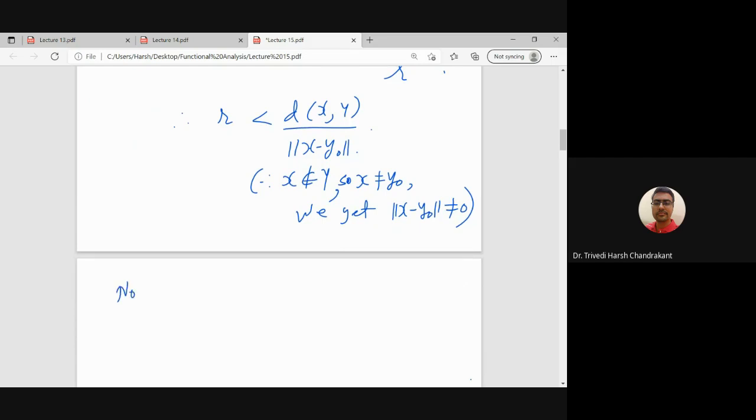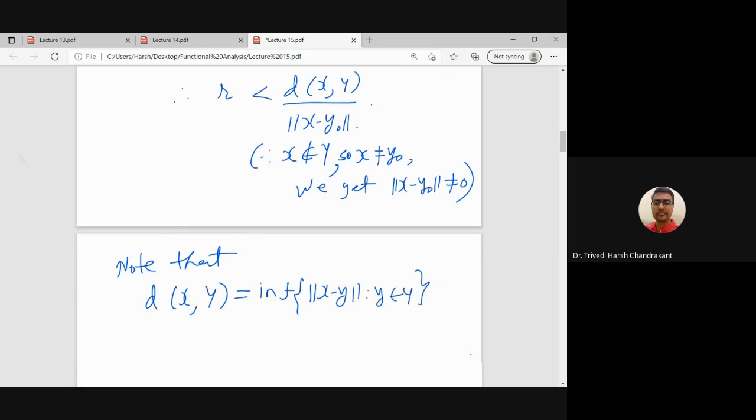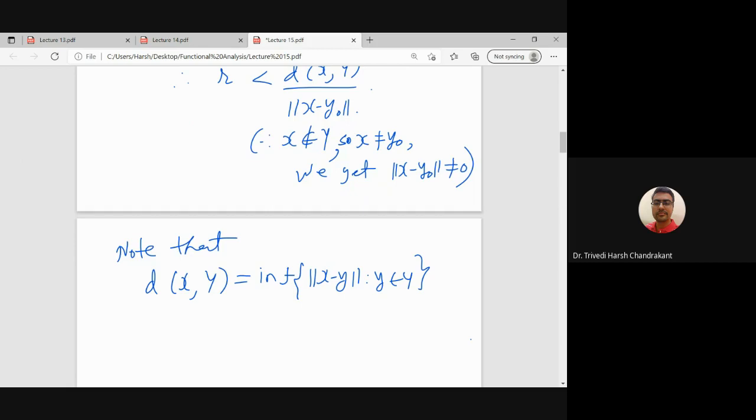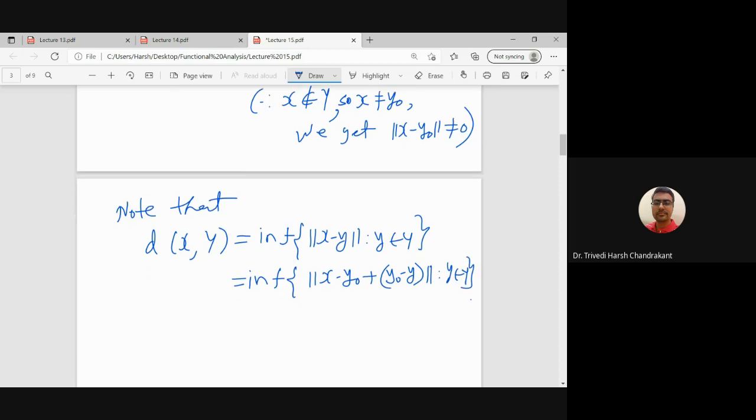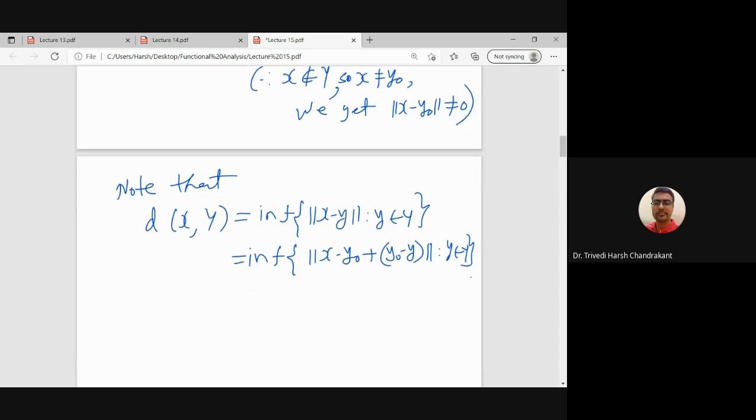note that the distance of x with Y is basically the infimum of the norm of x minus y, y belongs to Y. So that means if you want to write this again, what we can do is write x minus y naught plus y naught minus y, just adding and subtracting y naught.